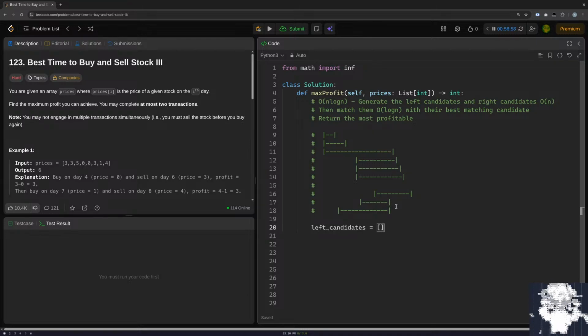Left candidates equals, for price in prices, if bought at equals infinity, best equals 0.